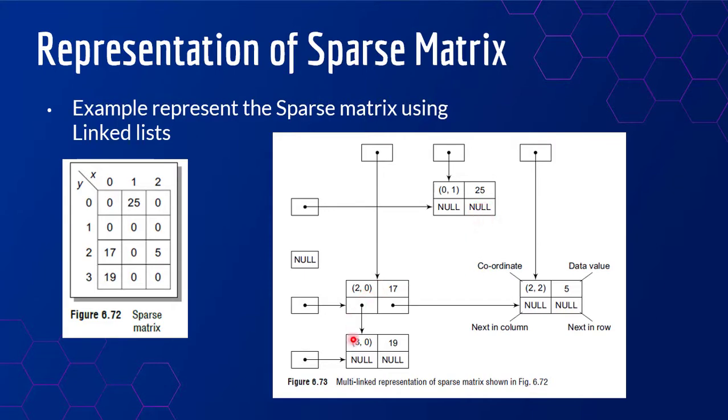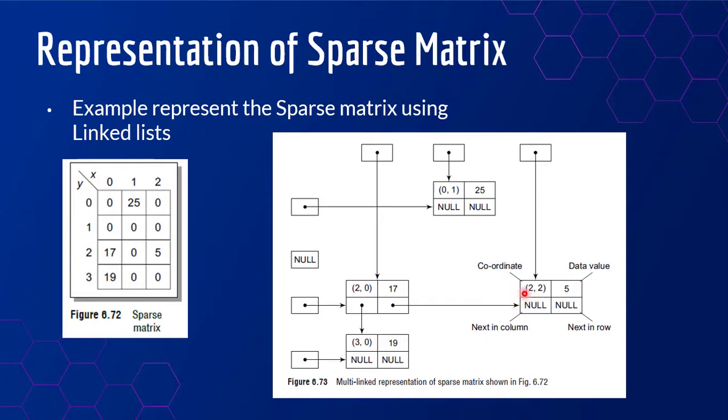Now let us go to the next node. Since there is no node in the first row, we go to the second row. In this second row, as we have nodes here, we have a direct link like this. For this node, is there any next node in the row?